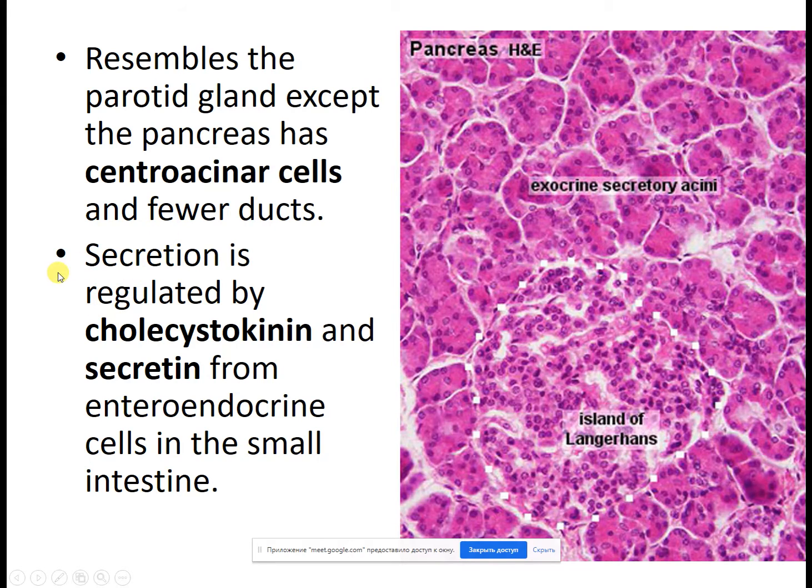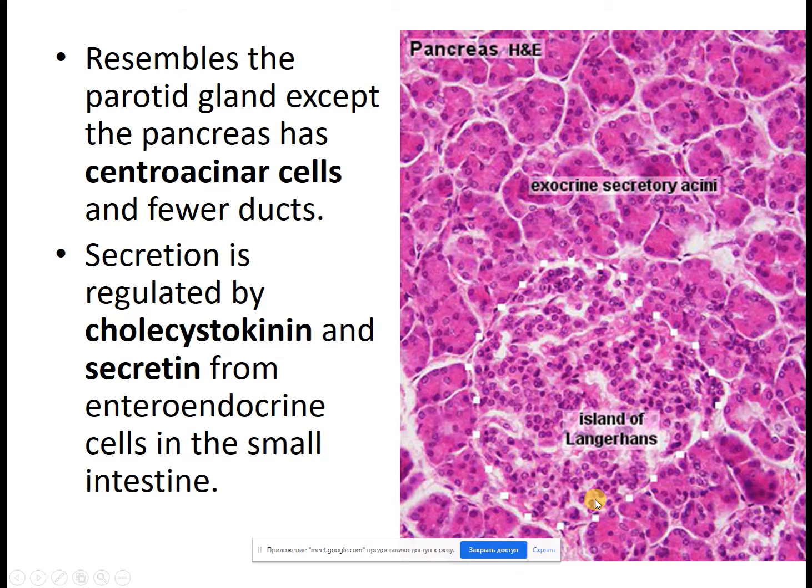But secretion of the pancreas is regulated by cholecystokinin and secretin from enteroendocrine cells in the small intestine. We discussed it: enteroendocrine cells are in the crypts of Lieberkühn, and in the depth of the crypts we have enteroendocrine cells which produce different hormones.